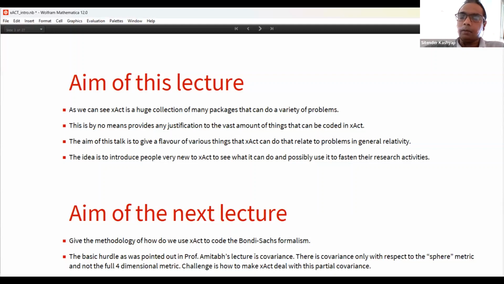So there is a lack of full covariance. How do we code this partial covariance in xAct? The idea will be to respect the covariance with respect to the sphere metric and not the full four-dimensional metric. And this is a challenge: how to make xAct deal with such partial covariance.